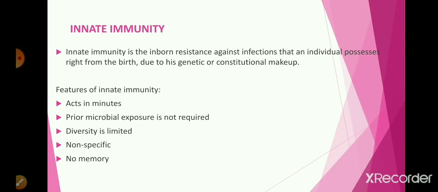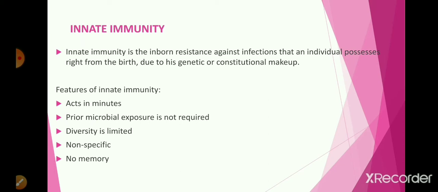So basically, we know that the innate immune system is genetically inbuilt in our body system. It is inherited from our parents or ancestors. Whatever microorganism tries to make us ill can be killed by the innate immune system. Basically, the innate immune system cannot recognize what type of microorganism it is or what it actually causes.